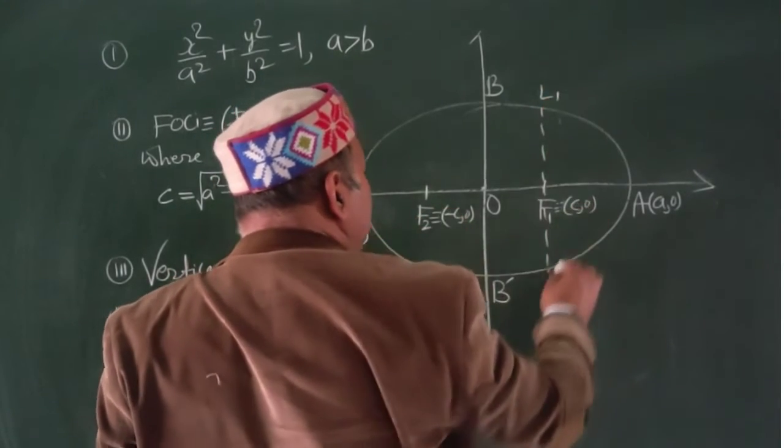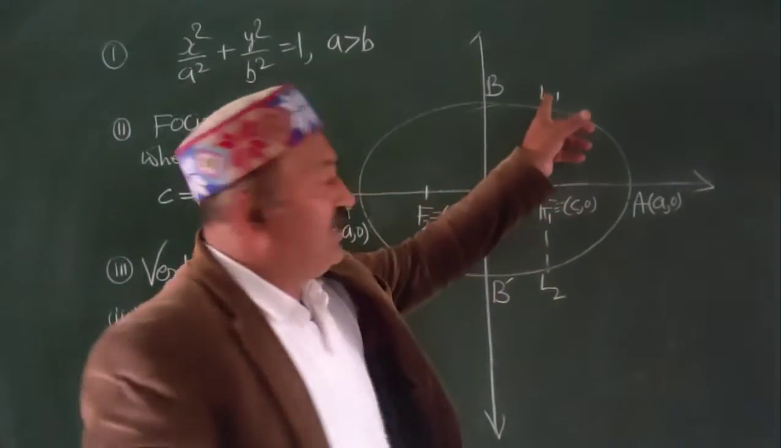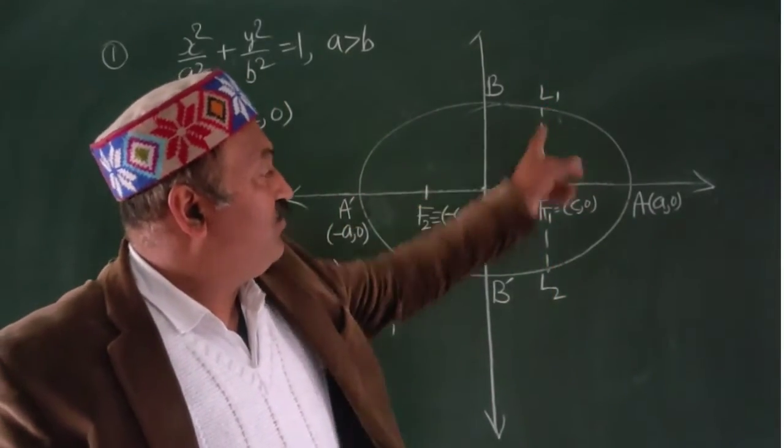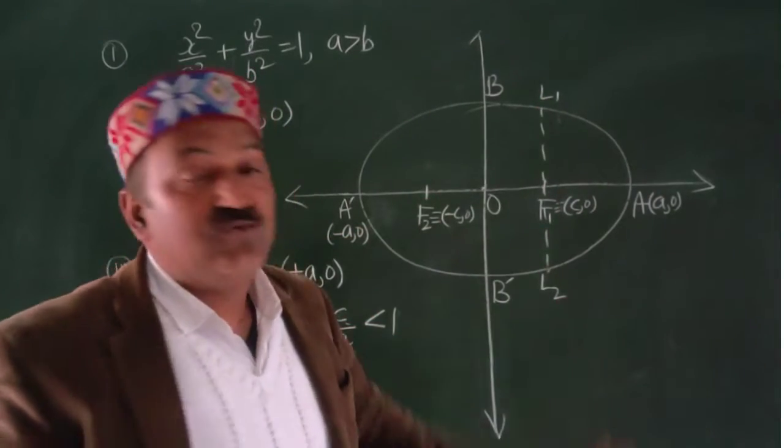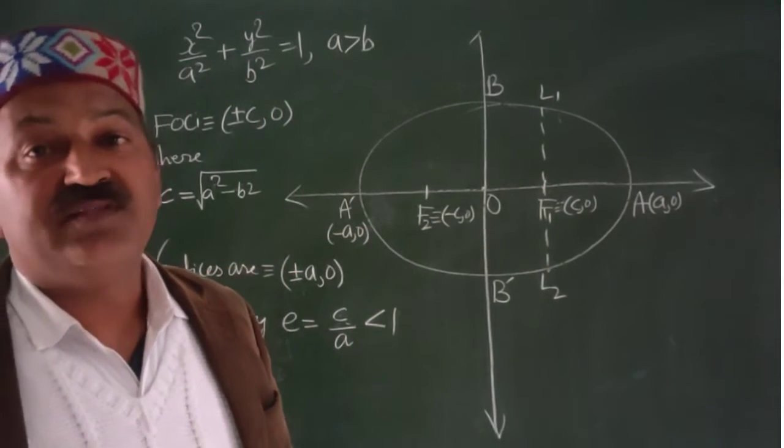Let this perpendicular intersect the ellipse at two different points L1 and L2, then this distance L1 L2 is called the length of the lattice rectum.